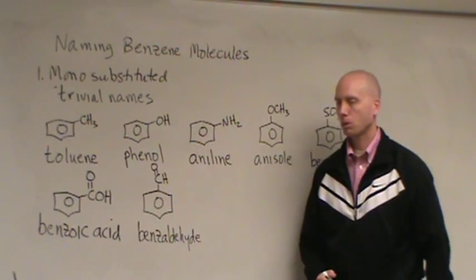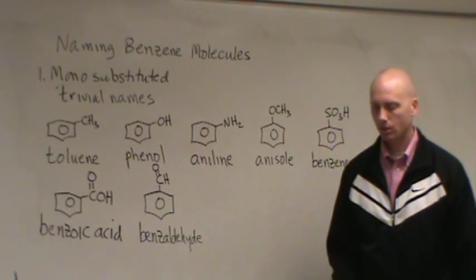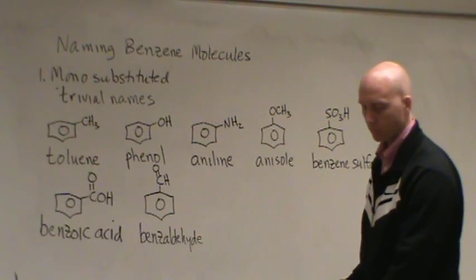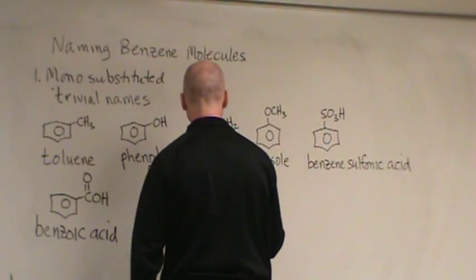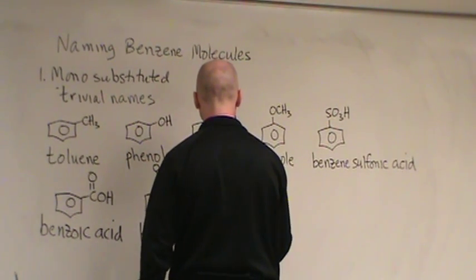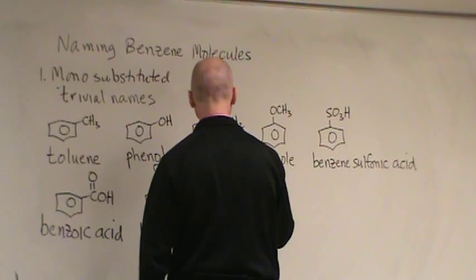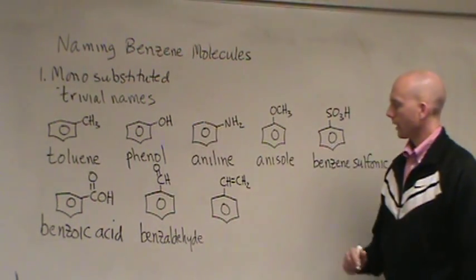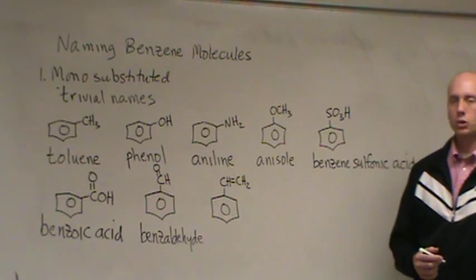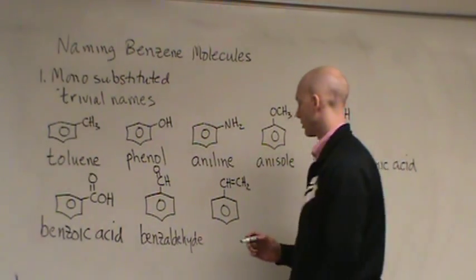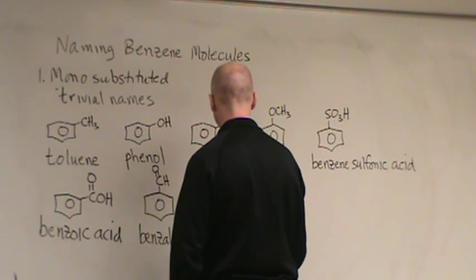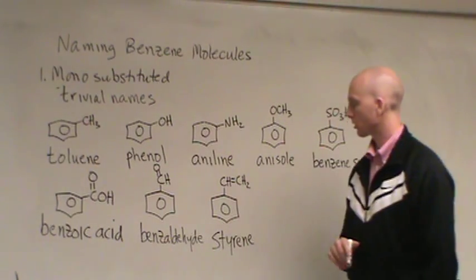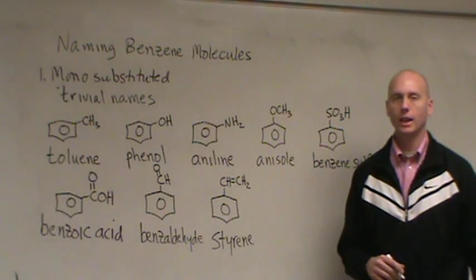This is what's called benzaldehyde. Here, if we put a C double bond C on the benzene, we get this very popular molecule called styrene.